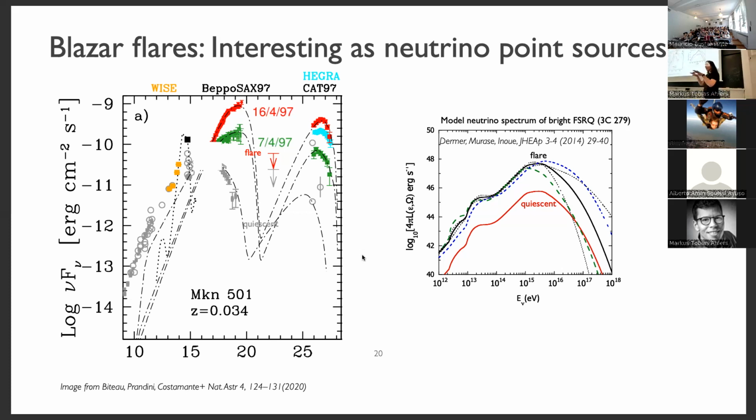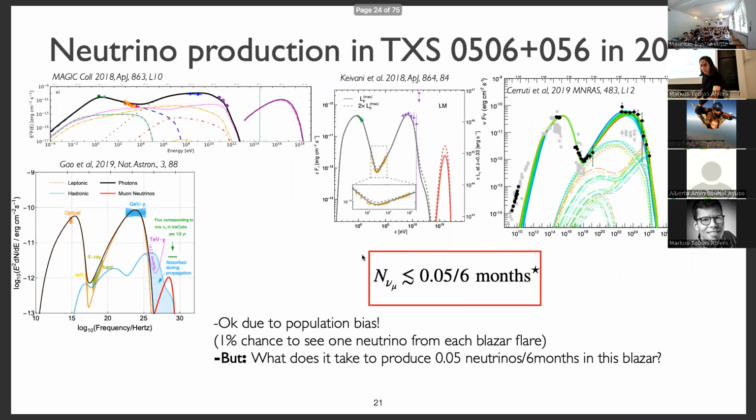So all of a sudden, even if this is not a very strong point source, it has a chance to really get bright during its flare. And since these photons may be the target for the neutrino production, we have good reason to think that maybe the neutrinos are flaring at the same time. So theoretically, this is very natural to expect.